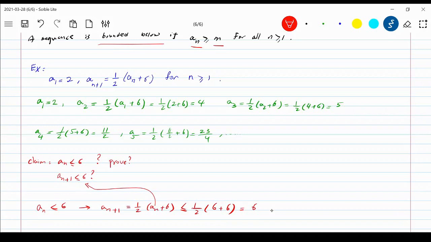So what I showed is that the next term of the sequence is also less than 6. If you start with a term that is less than 6, the next term will also be less than 6. If you continue this process, the next entry will always be less than 6. So did I prove it? Yes, I showed that a_n is always less than 6 for all n.